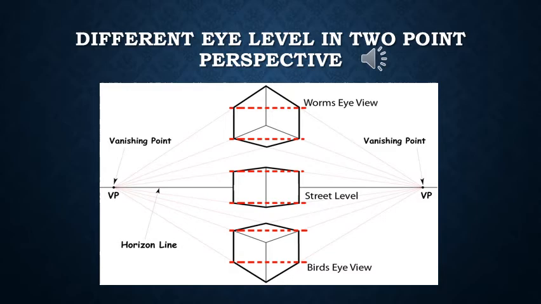This eye view is based on a worm's eye view, and worms are very close to the ground. And it's like if we are seeing some object, a square or cube, at our roof, we can see its bottom and its sides. We can't see its top.